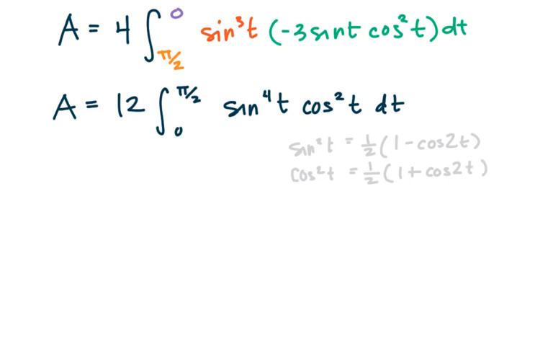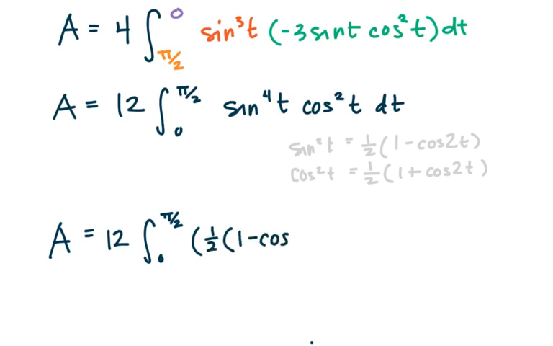So I'm going to sub that in, and that gives me my area is 12 times the integral from 0 to pi over 2 of, since sine squared is to the 4th, I'm going to have 1/2 times 1 minus the cosine of 2t quantity squared, times 1/2 times 1 plus the cosine of 2t, dt.